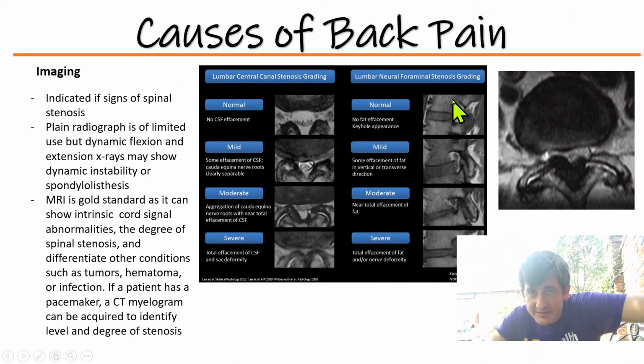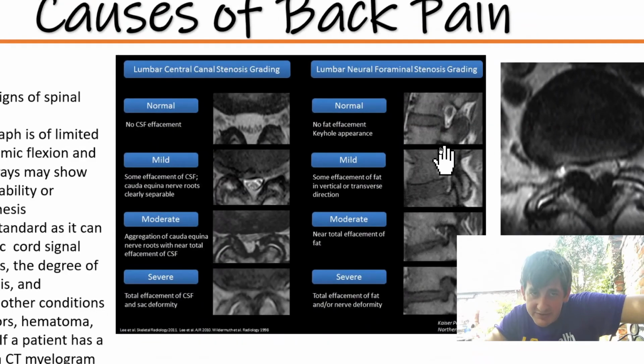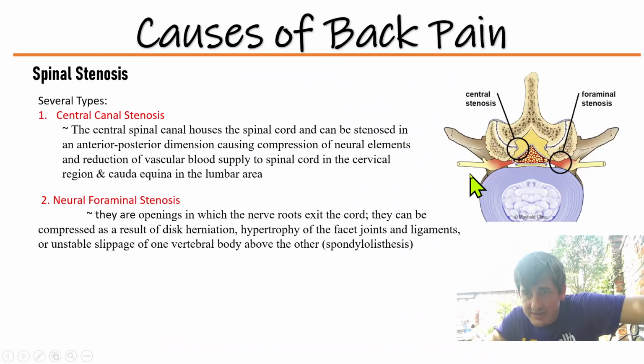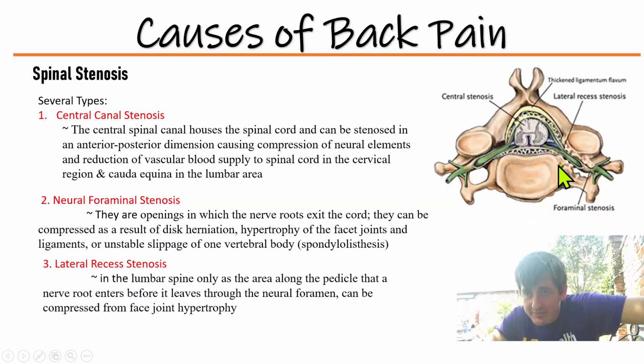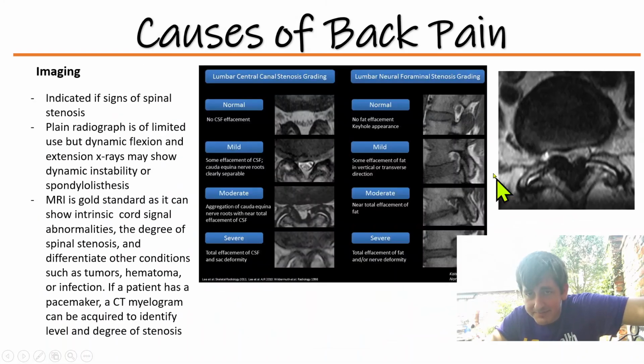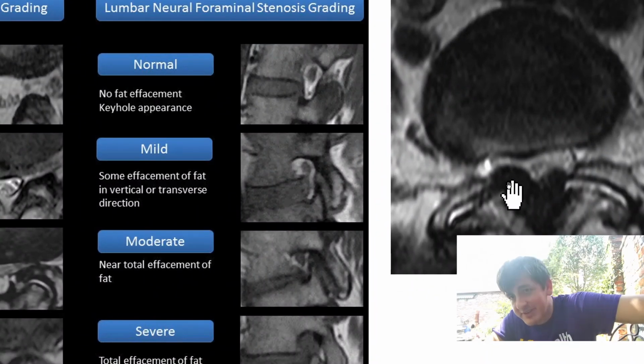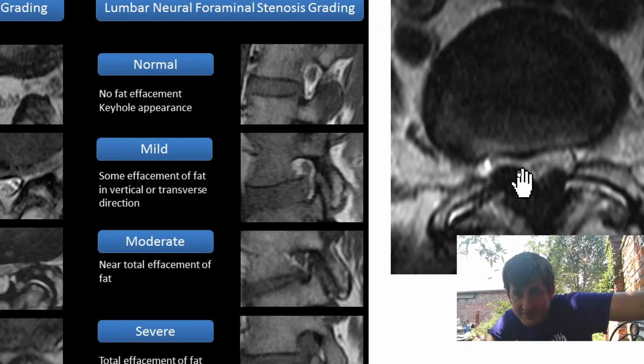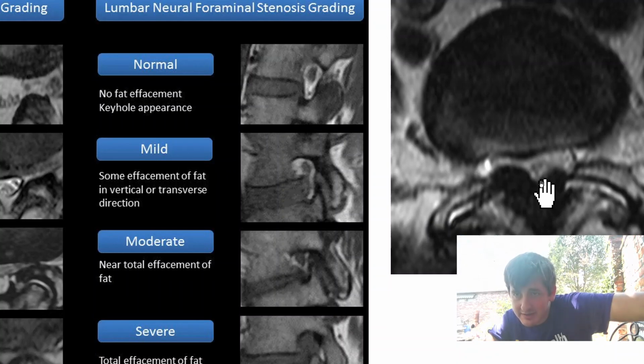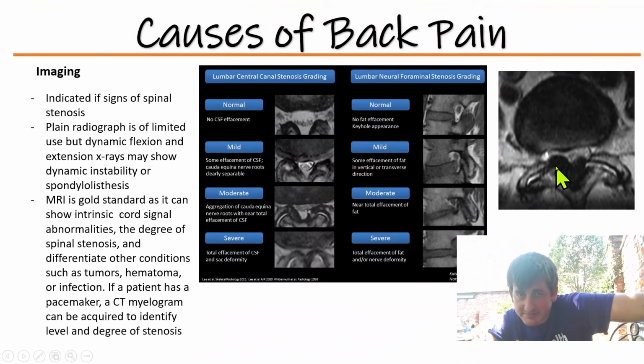And here you can see the neuroforaminal stenosis, because remember, we have central canal stenosis and foraminal stenosis. This is an axial image showing hypertrophy, I believe, of the ligamentum flavum, causing central canal stenosis. It might be lateral.